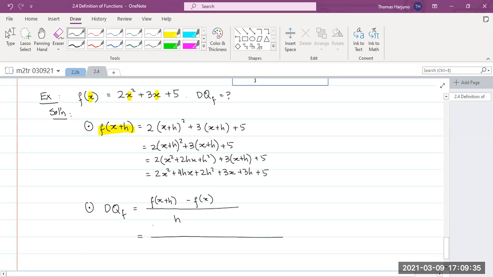Okay, that will be 2x squared plus 4hx plus 2h squared plus 3x plus 3h plus 5.